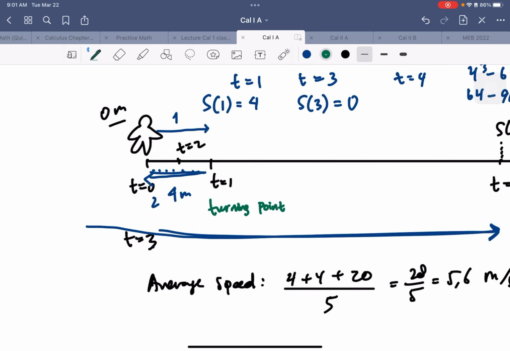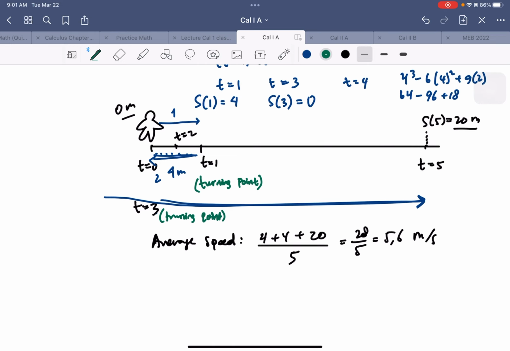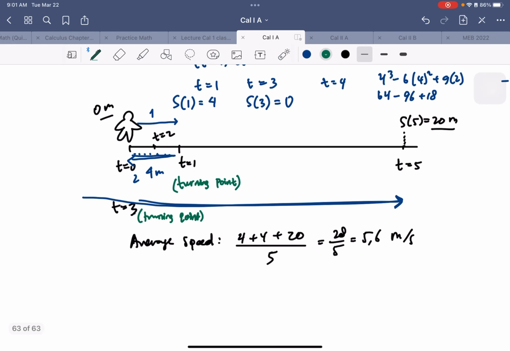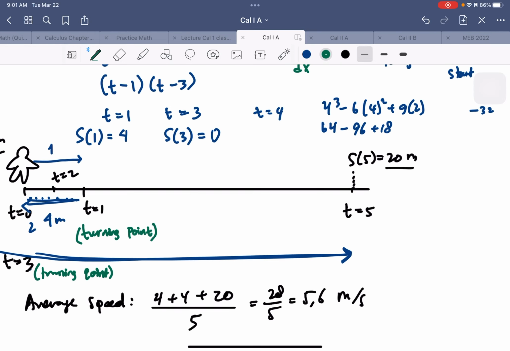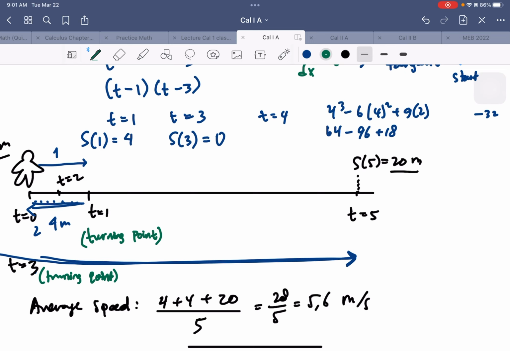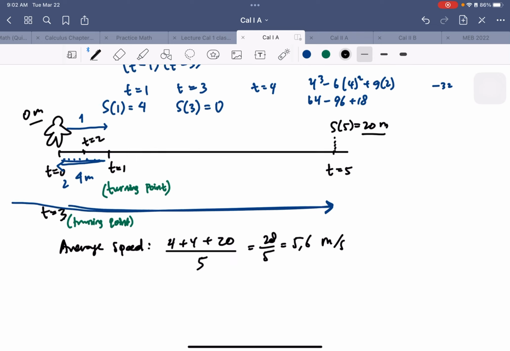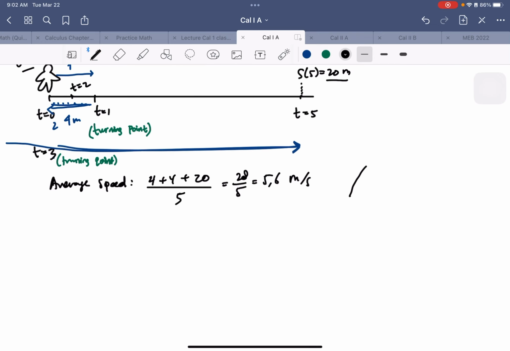So this is a turning point, this is a turning point. What I want to make sure you take some notes on is, we will have this turning point, and if we take the graph, probably it will look something like that, okay?